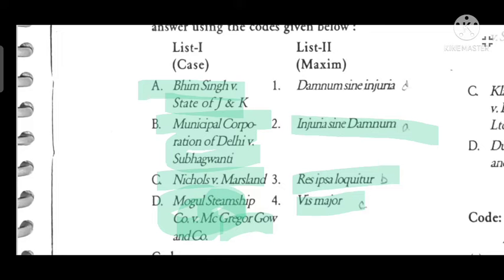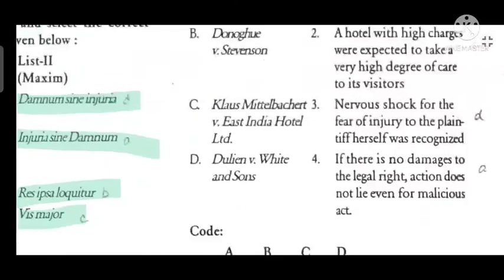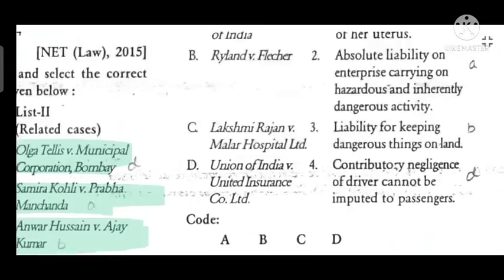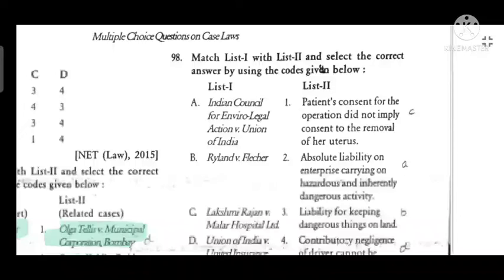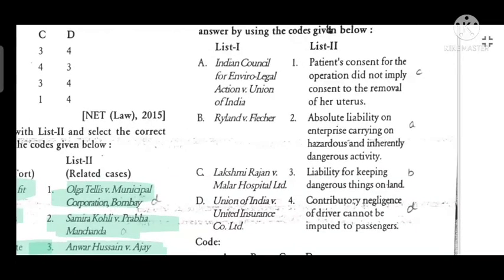MG George and Company. Damnum sine injuria. Indian Council for Enviro-Legal Action versus Union of India.